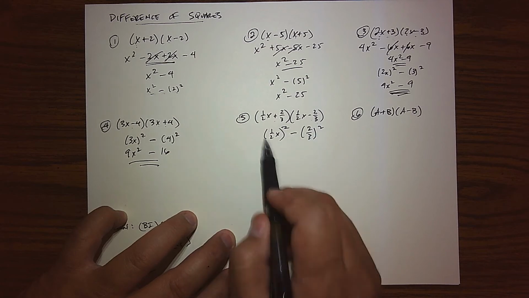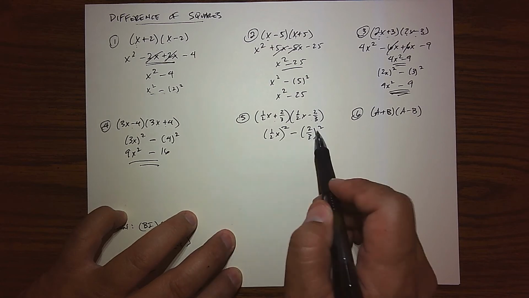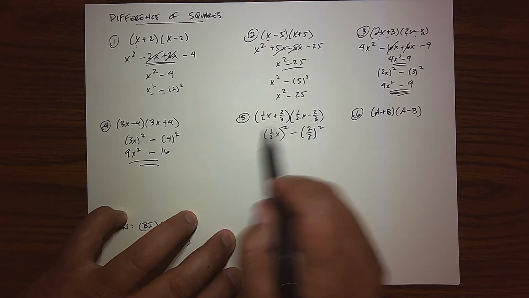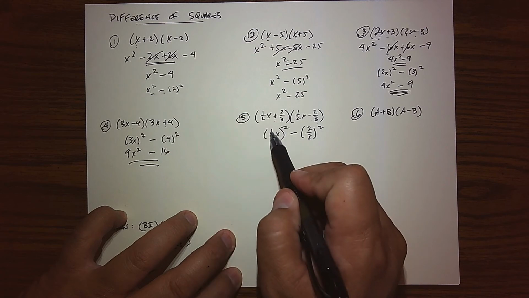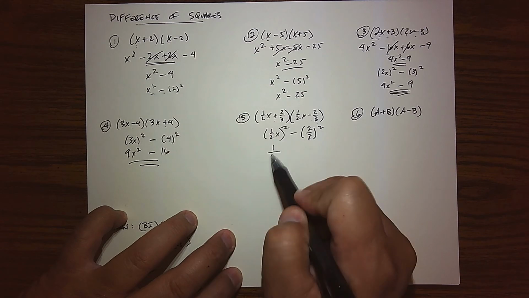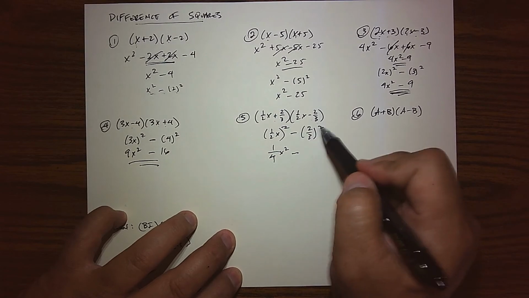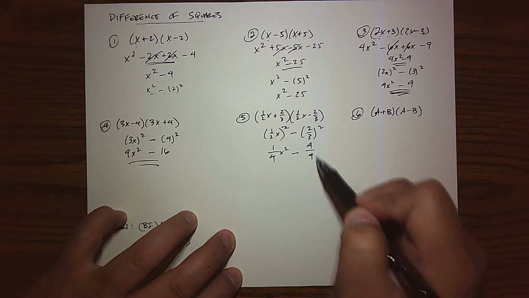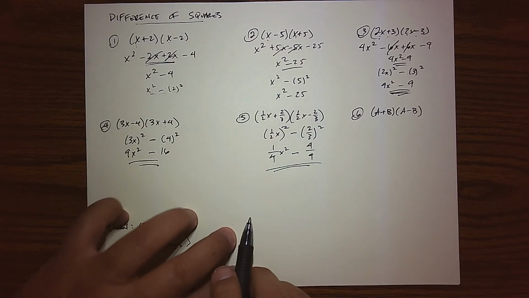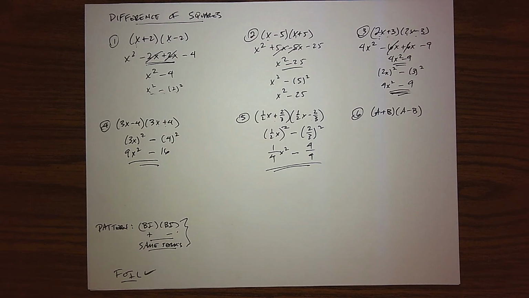And then we basically have our power of a product and quotient and a power of a quotient. So everybody gets raised to the second power. So 1 squared is 1, 2 squared is 4, and we have x squared. Minus 2 squared is 4, 3 squared is 9, and there's basically your answer without having to push too many fractions around. So 1/4 x squared minus 4/9.